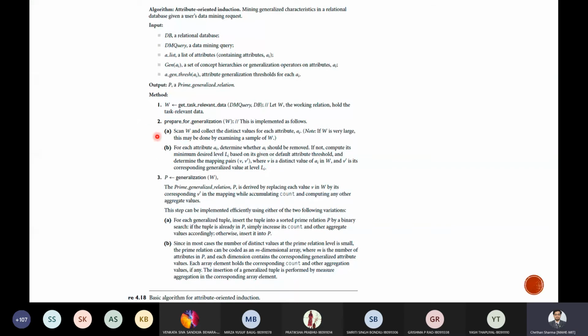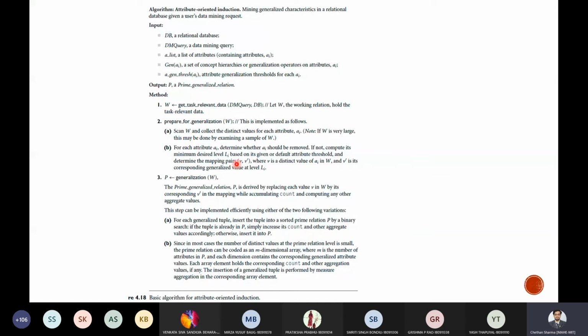Step 2 usually collects statistics on the working relation. This requires scanning the relation at most once. So you have to scan this working relation. The cost for computing the minimum desired level and determining the mapping pair V' for each of the attributes is dependent on the number of distinct values.